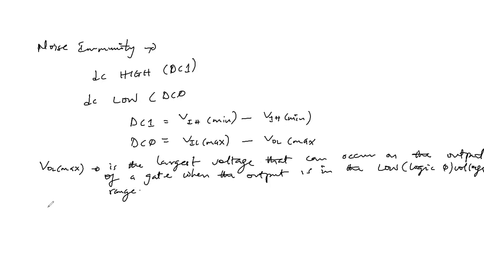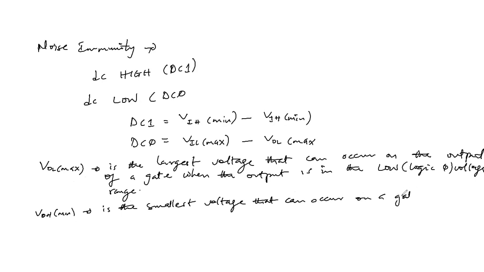VOH min means the smallest voltage that can occur in a gate output when the output is high.